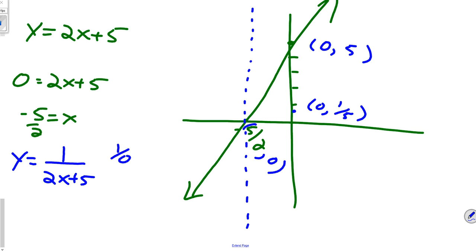Okay, so let's graph this. So my graph would come across like this, but it can't cross the asymptote, right? So it goes. Right. Let's do a quadratic. Why?